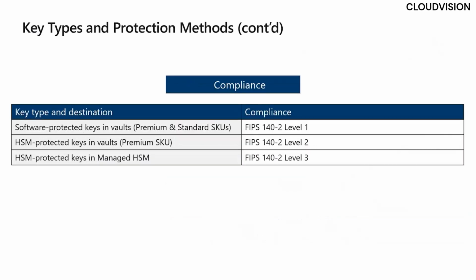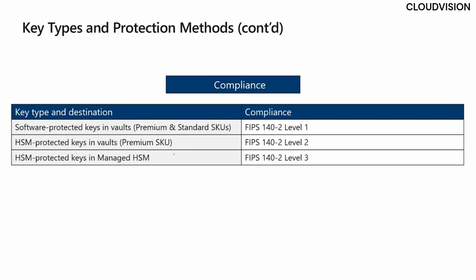Along with the keys, you should know what type of compliance it follows with whichever Key Vault you are using. If it's a Key Vault, premium and standard SKU, that supports FIPS 140-2 level 1, if it's a software one. If it's HSM protected with the premium one, then that supports FIPS 140-2 level 2.